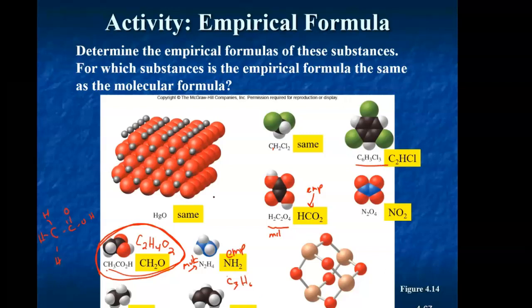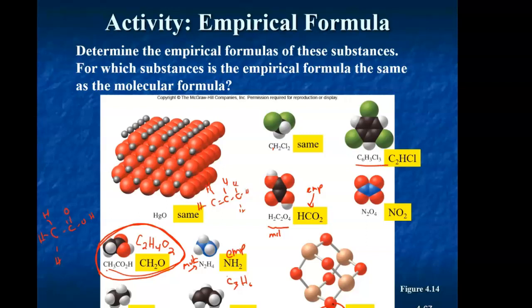And again, we write them like this because this is what it looks like in real life. Simply, there's a double bond right there. But again, we'll be doing that at the end of the semester, not the beginning. Okay, last one. What does this one simplify to?